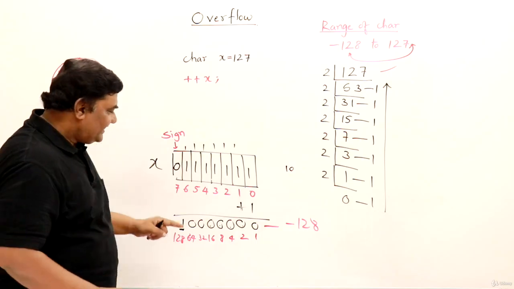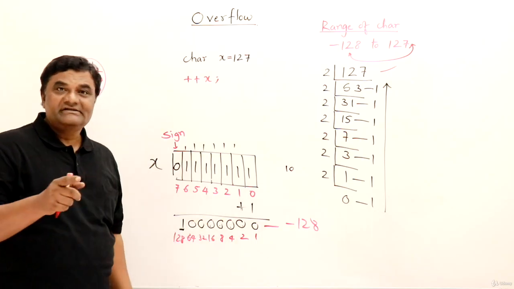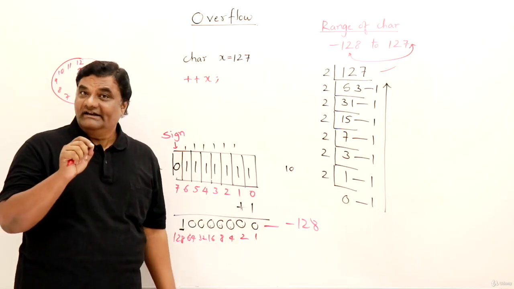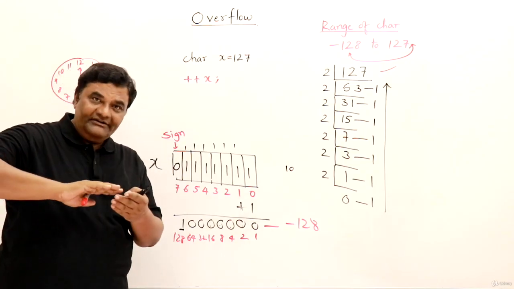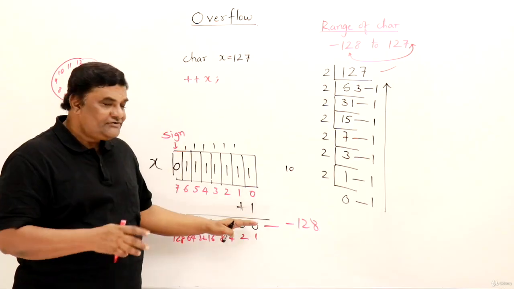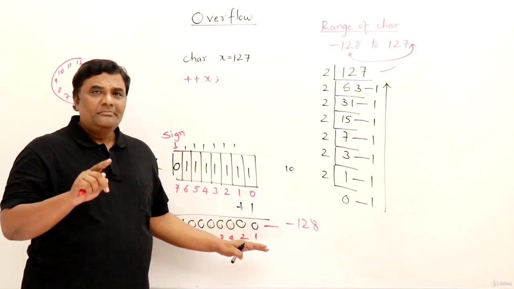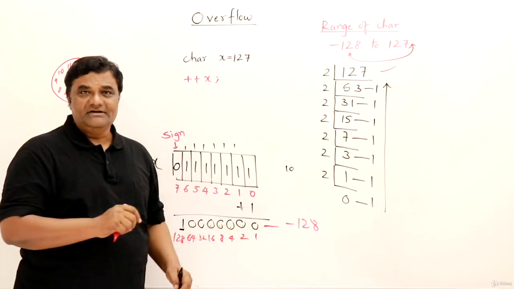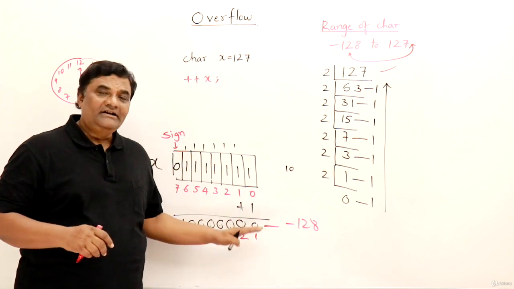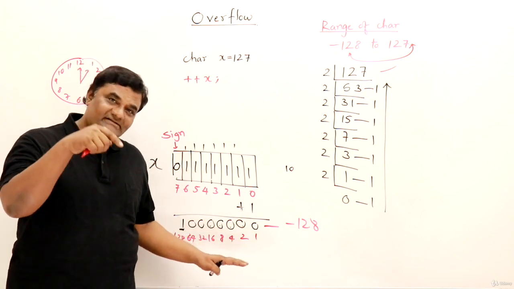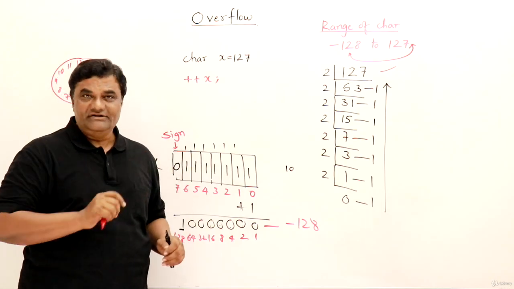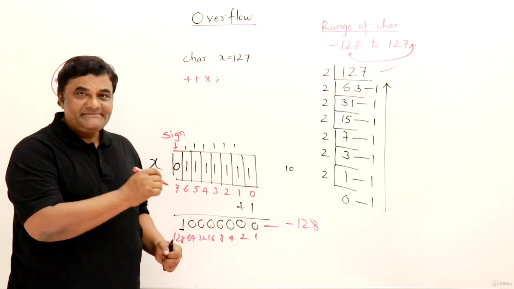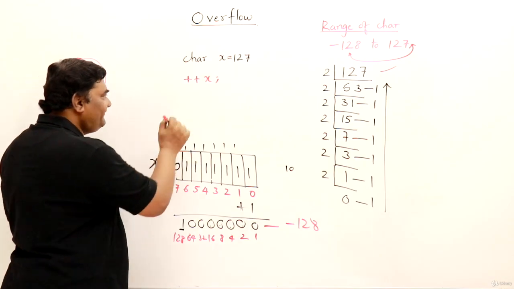Now one more thing, actually the number that we got is in 2's complement, because negative numbers are stored in 2's complement. If I want to get the original number, I should find its 2's complement again. But in this case, I'll get back the same number. You can do it yourself. Find the 2's complement and you will get the same thing again. So I am not doing it. Directly I am showing you that it is minus 128. Now let us display this value and check it.